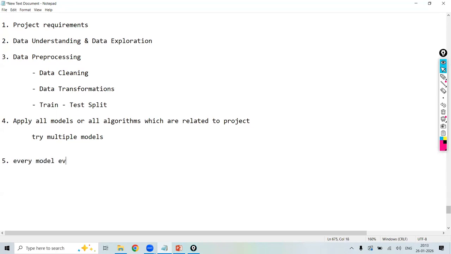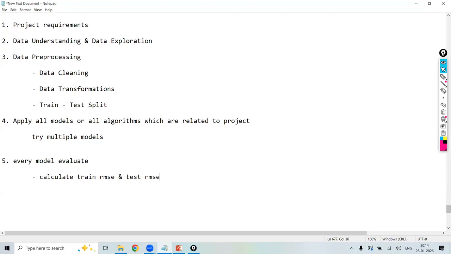Every model, evaluate. Evaluate means calculate: train RMSE, and also test RMSE.